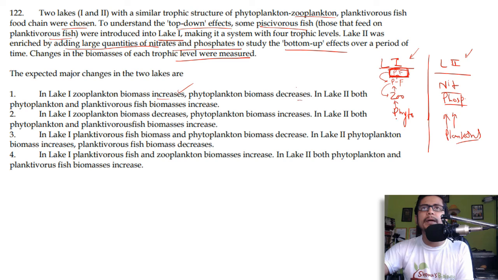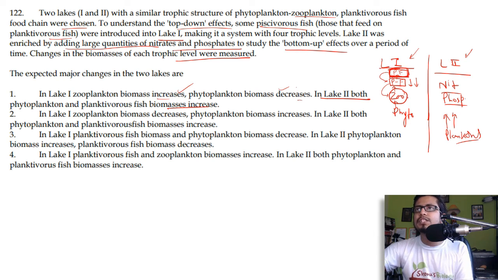In Lake 1, zooplankton biomass increases, that's true. Phytoplankton biomass decreases, because as zooplankton increase, obviously they will eat phytoplankton, so biomass will decrease. In Lake 2, both phytoplankton and planktivorous fish biomass decrease.